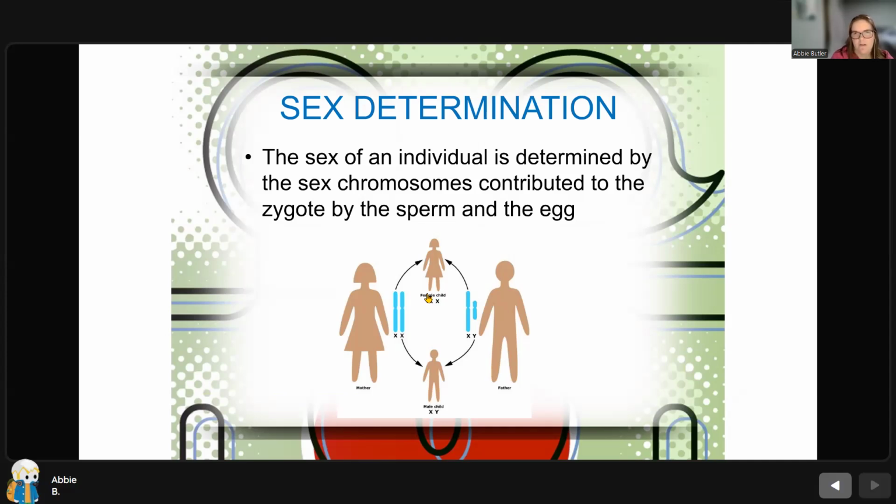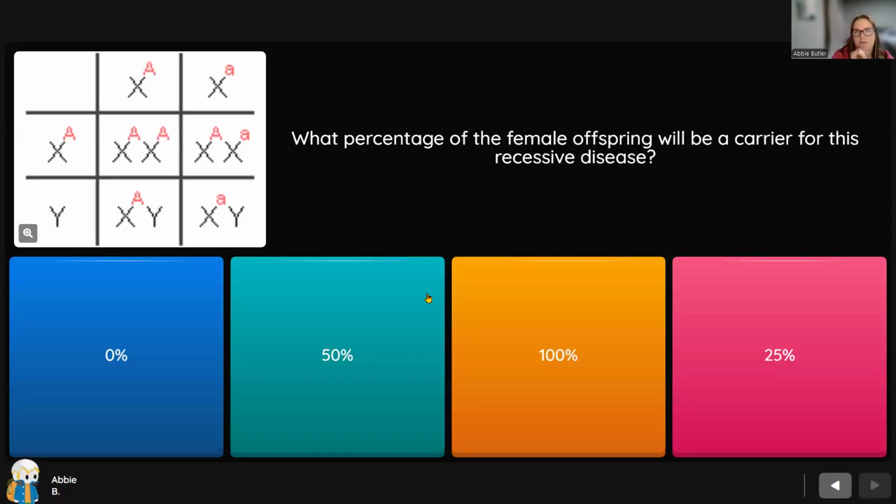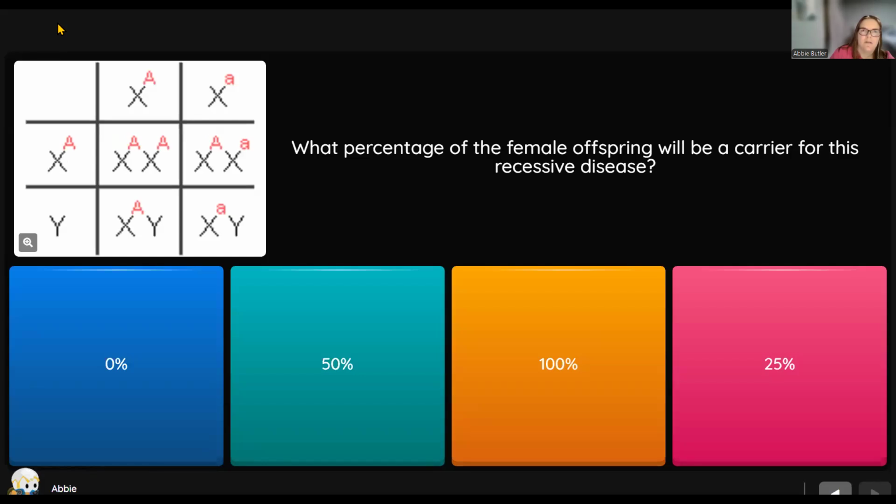Now, again, remember, these are just the common scenarios. There are other combinations that could come about. For example, if nondisjunction takes place, people could be XXX or XXY or XYY. We're going to look at how to set this up real quick, and then we'll continue on.